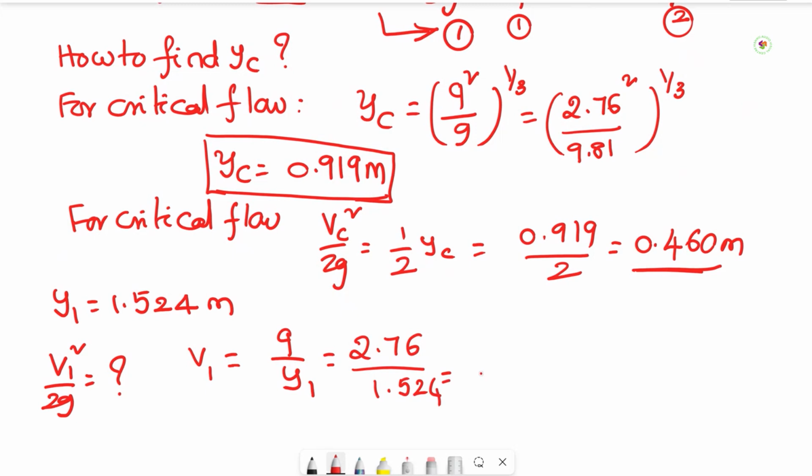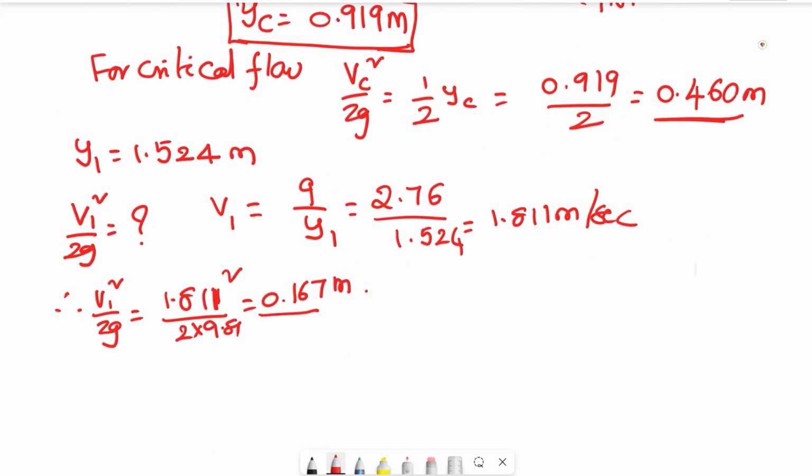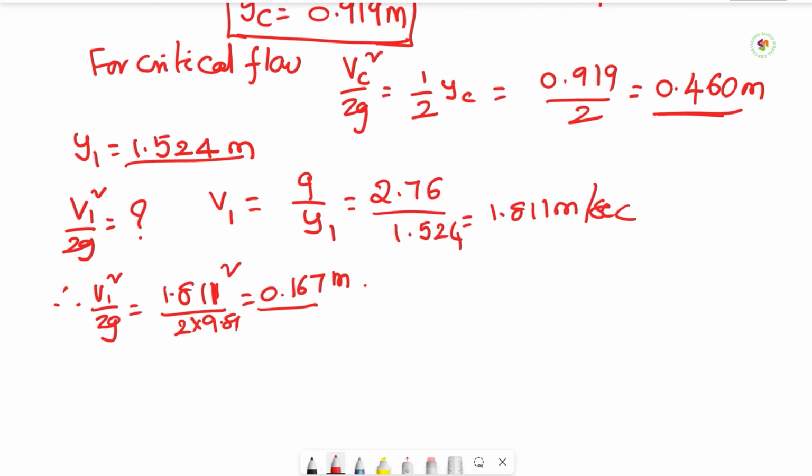So that is equal to 1.811 meters per second. So therefore, v1 squared by 2g is equal to 1.811 square divided by 2 into 9.81. So it is 0.167 meters. So this is also obtained. So y1 is known. v1 squared by 2g is known.